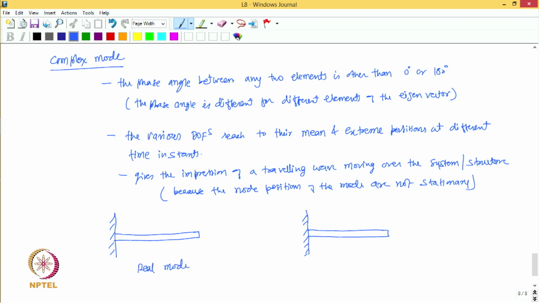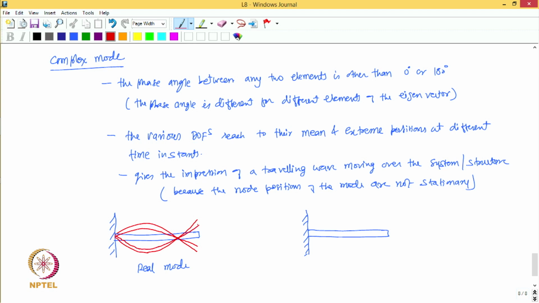let us plot, say, the second mode shape of this cantilever beam. Then this mode shape would be something like this, right, and when it goes to the other extreme the mode would be like this, and at other time instants the displacement will occupy this kind of deflection.